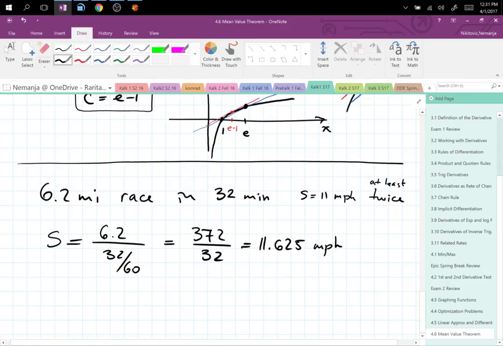So you see that the average speed is going to be 11.625.